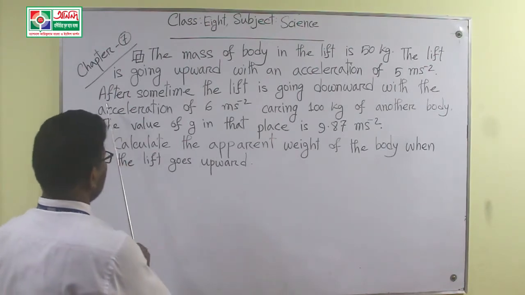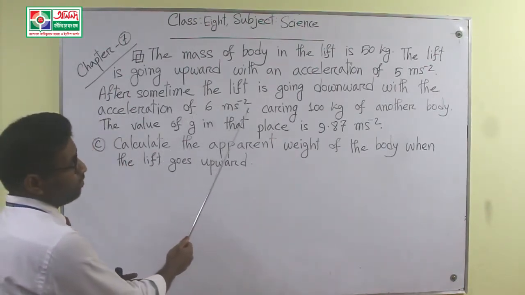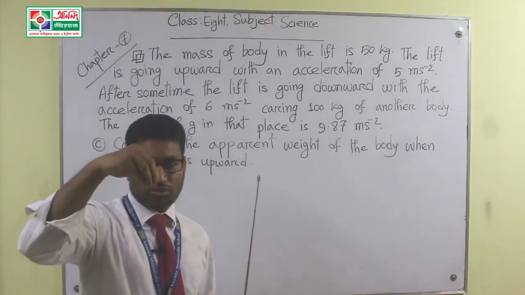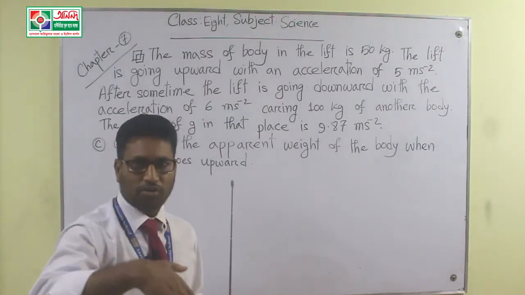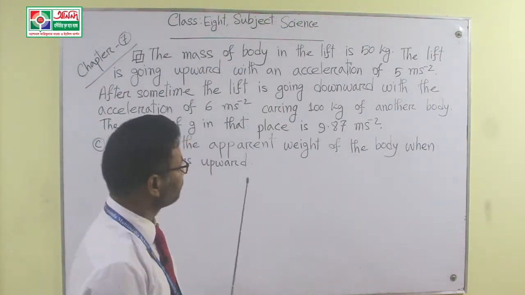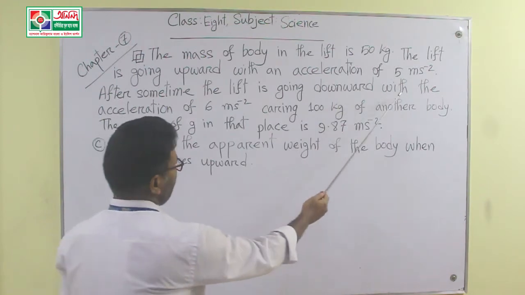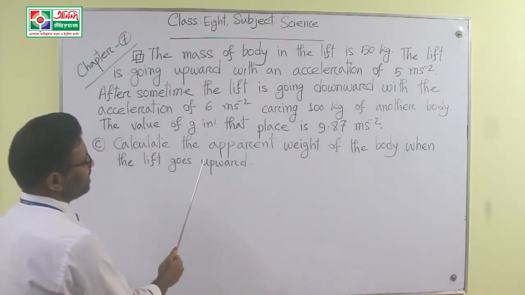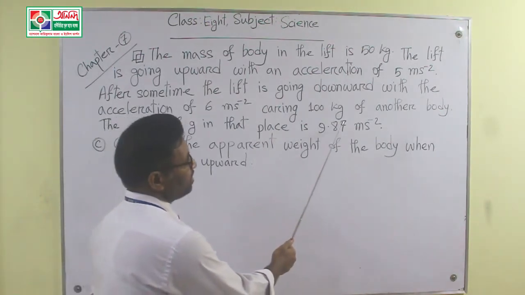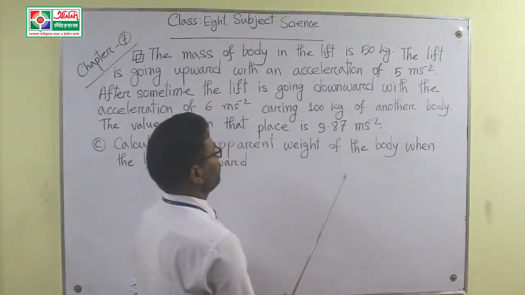After some time the lift is going downward. That means in this case the lift is going downward, Bengali meaning nicher dike, with an acceleration of 6 meter per second square and carrying 100 kg of another body.